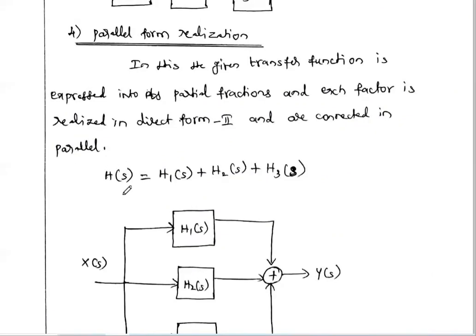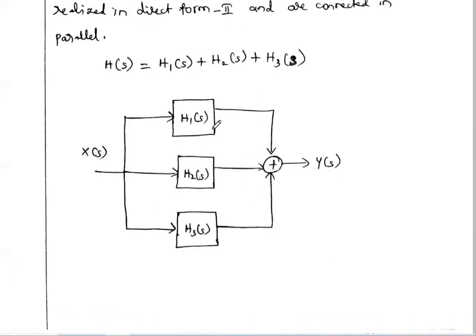That is, the third order system can be split as an addition of three single order systems. Step number 2: we have to realize H1(s), H2(s), H3(s) in direct form 2, and finally connect H1, H2, H3 in parallel. As per this diagram we connect the three systems, and that is said to be the parallel form realization.